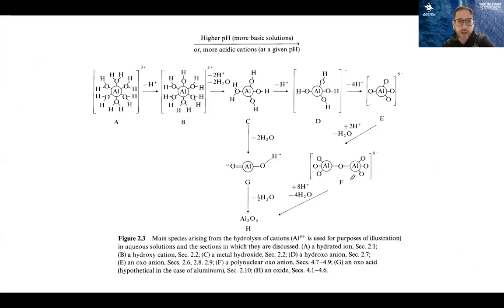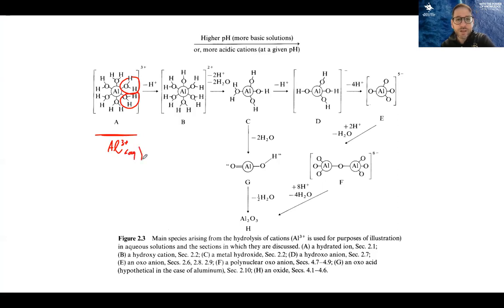So this is an example of what happens with this aluminum 3+ species. So here we have the initial compound, the aluminum surrounded by 6 water molecules. So this is the aluminum 3+ present in solution, right?